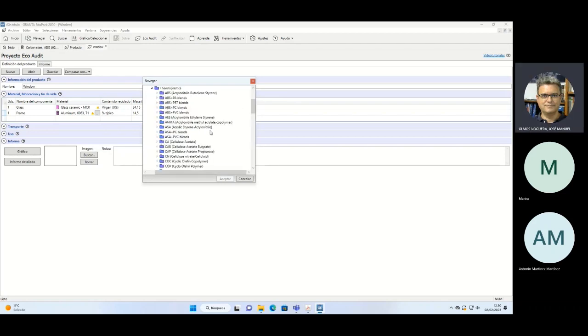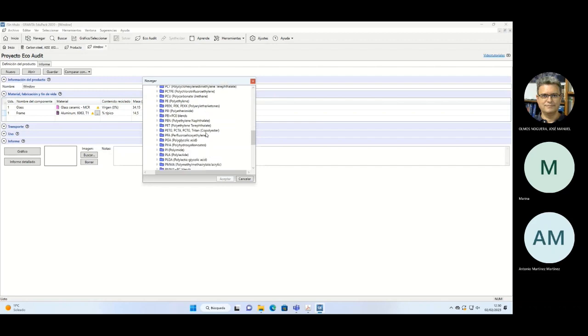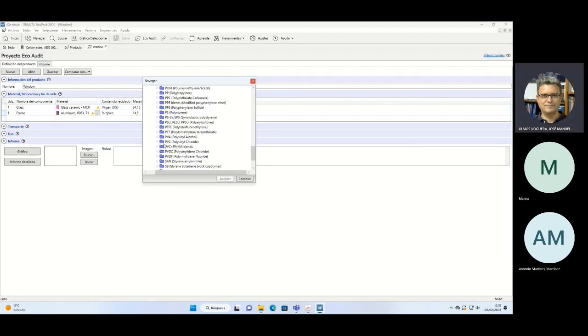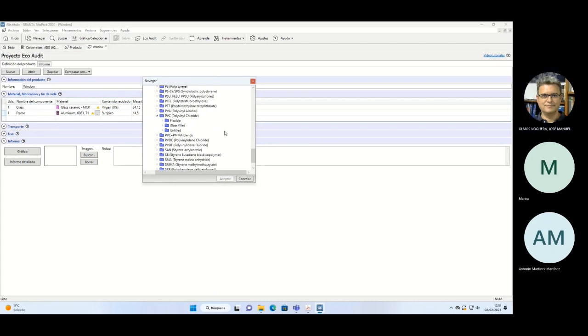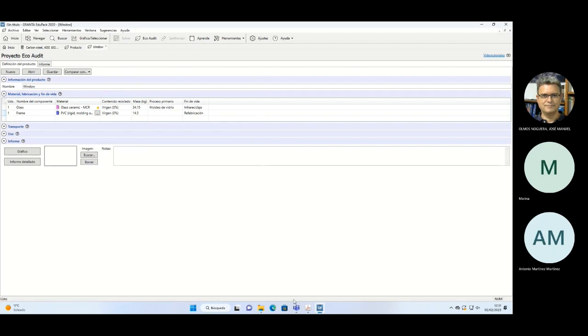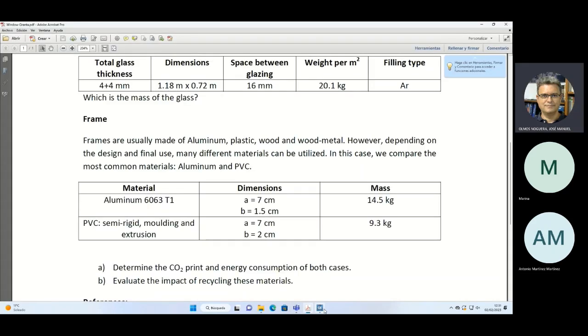Thermoplastic. So we found here PVC. Flexible, glass filled, unfilled. Unfilled. That's it. Rigid molding and extrusion. Okay. And the weight is 9.